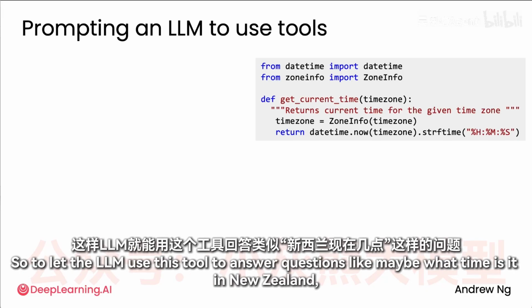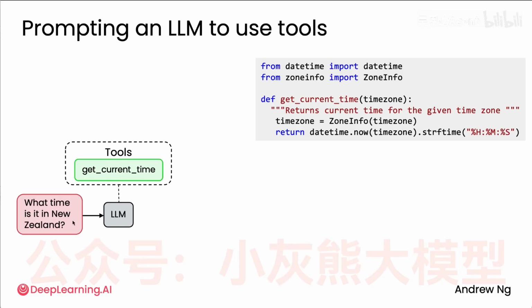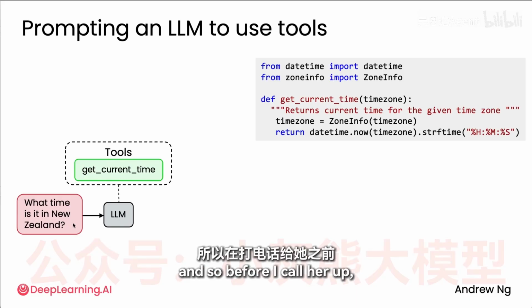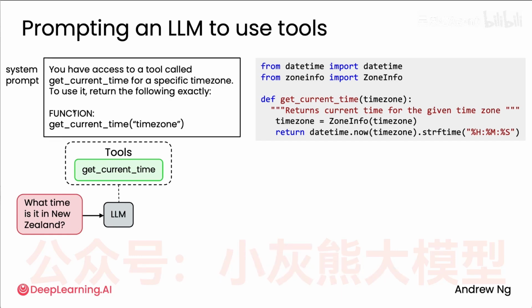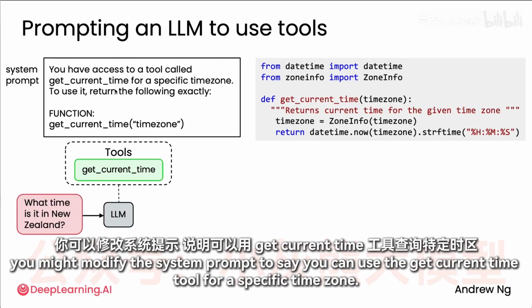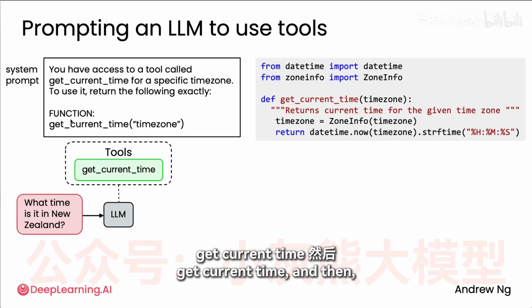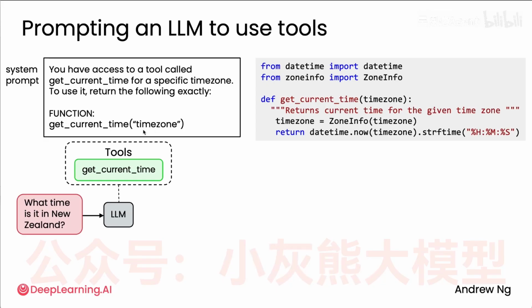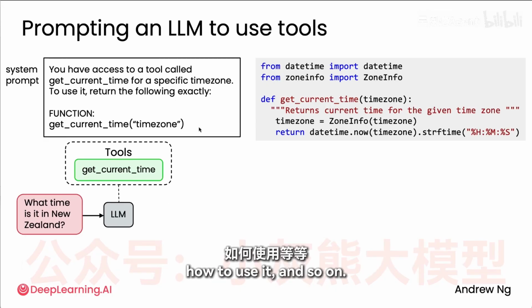So to let the LM use this tool to answer questions like maybe what time is it in New Zealand, because my aunt lives there, and so before I call her up, I do look up what time it is in New Zealand. To let the LM use this tool, you might modify the system prompt to say you can use the getCurrentTime tool for a specific time zone. To use it, output the following: getCurrentTime, and then include the time zone. And this is an abbreviated prompt. In practice, you might put more details than this into the prompt to tell it what is the function, how to use it, and so on.